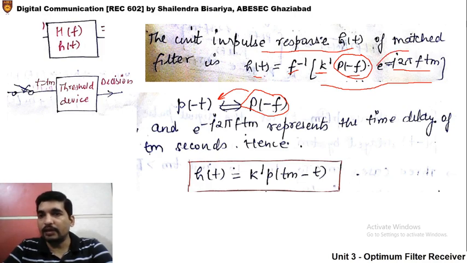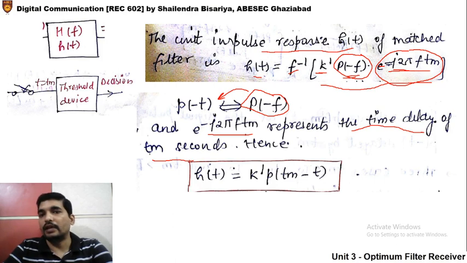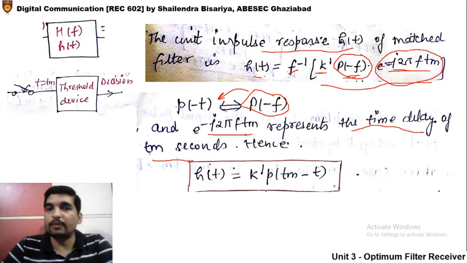The other term, e to the power minus j 2 pi f Tm, is the time shifting property: it represents a time delay of Tm seconds as per the Fourier transform shifting property.